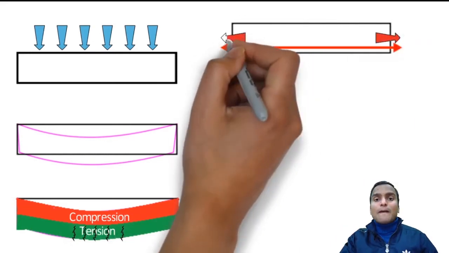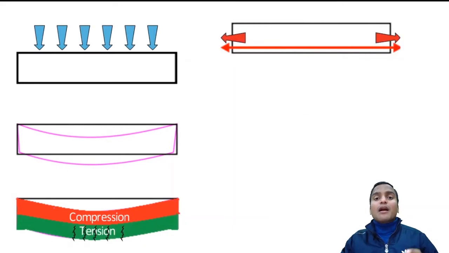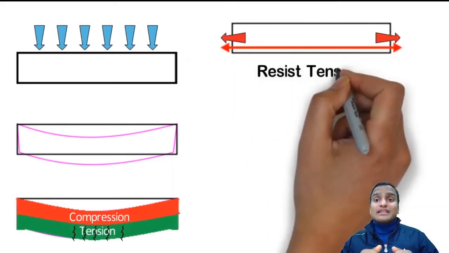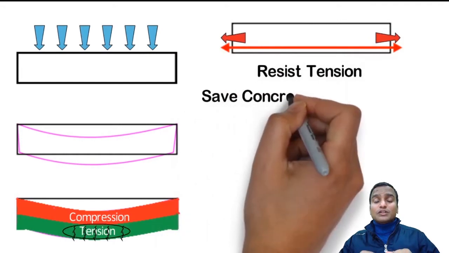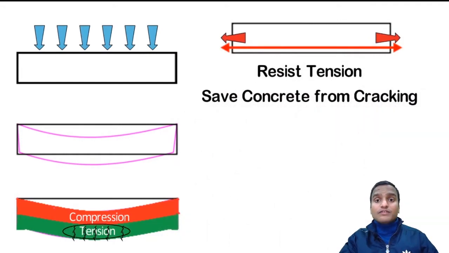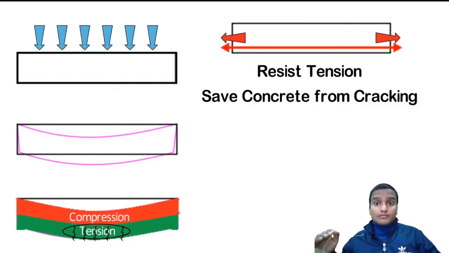So here what we have done, we have applied tension forces through a tendon, through a steel reinforcement here. Okay, and we have applied tensile forces at the bottom of the beam through these tendons. So what happens, tendons have got tensile forces. So these tendons will resist these tensile forces by the bond action with the concrete in the bottom.